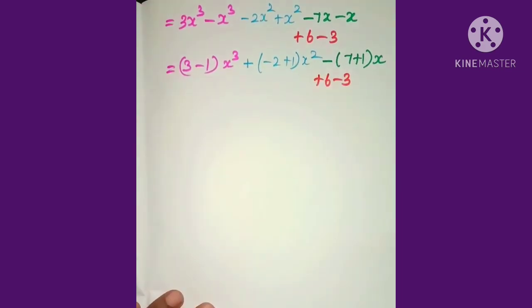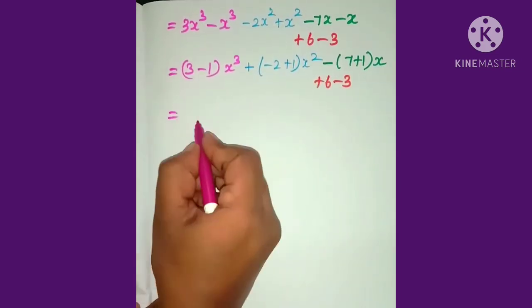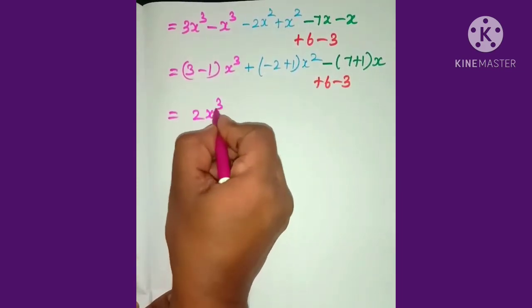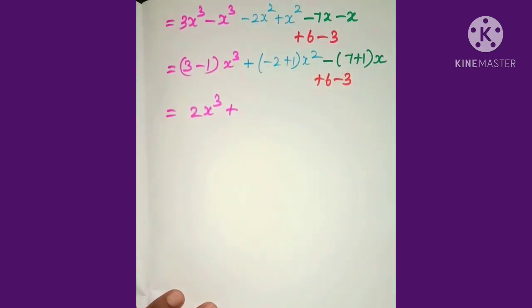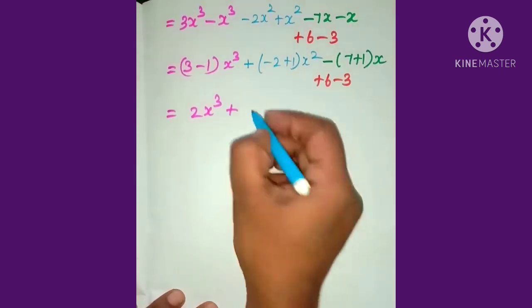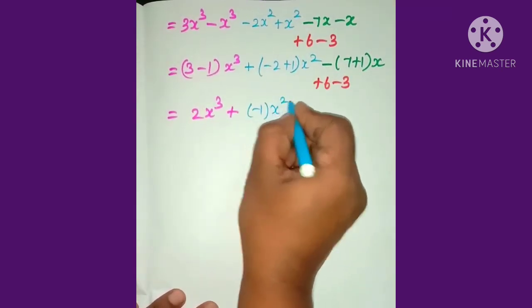Now 3 minus 1 is 2x cube. Here minus 2 plus 1 is minus 1 x square.